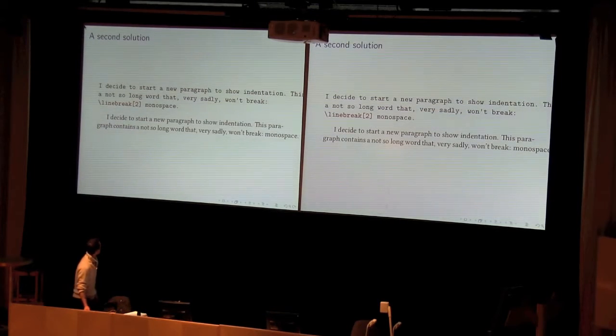So we may want to try this. Okay. I've read the documentation and browsed the web, and I've seen that this line break is meant to tell LaTeX, okay, now if you want, you can break the line as you want.